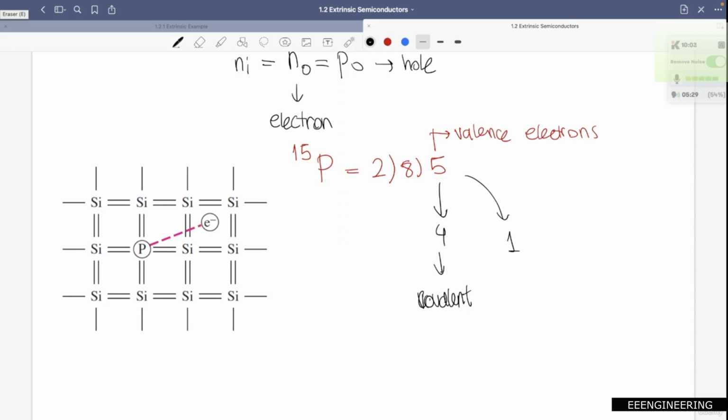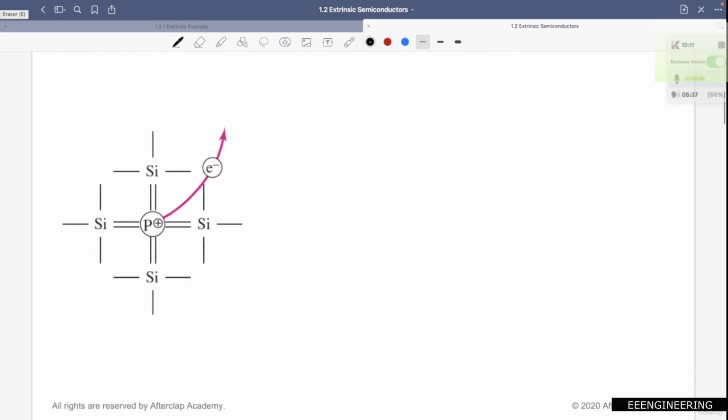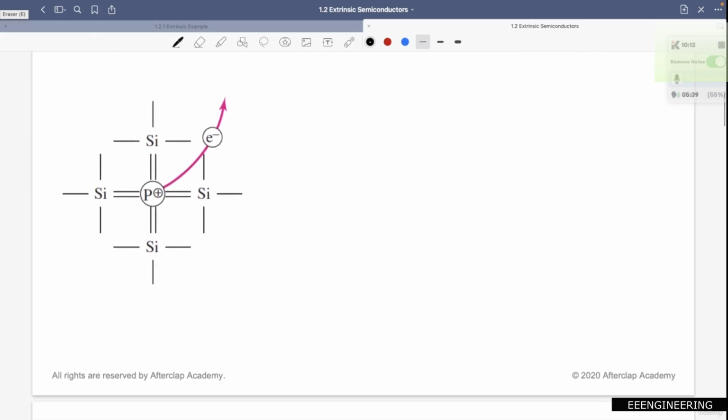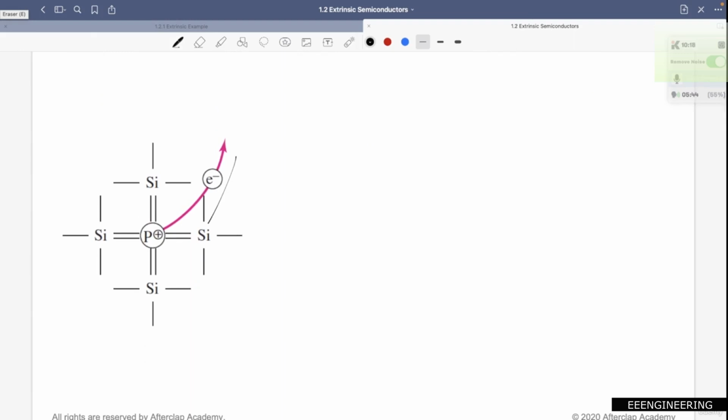Thus, that electron can move through the crystal with ease and therefore create current. That's the logic. Also, let's have a look at this figure right in here. The 5th electron of the phosphorus atom goes into the conduction band. As you can see, it leaves the area and goes into the conduction band, and a positively charged ion is created. This is also pretty important.